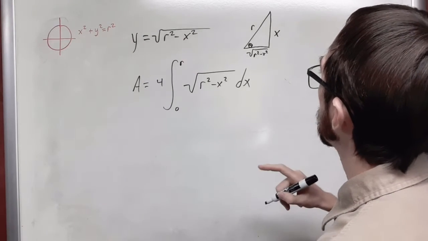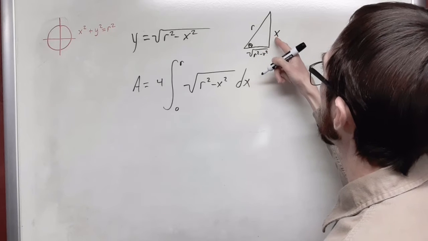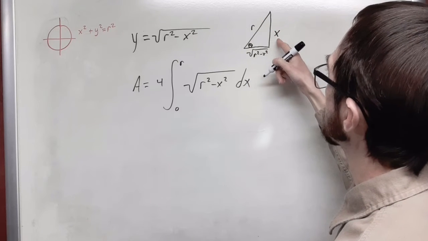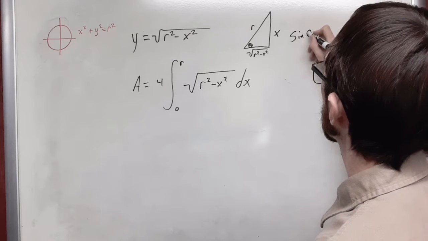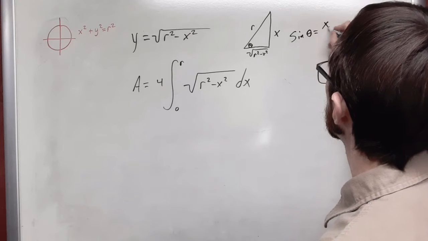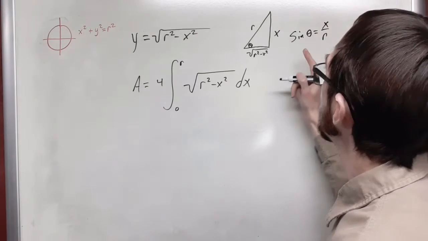And so if we look at this, we see that our opposite side is x, our hypotenuse is r, so sine theta is going to be the ratio of sides x over r.